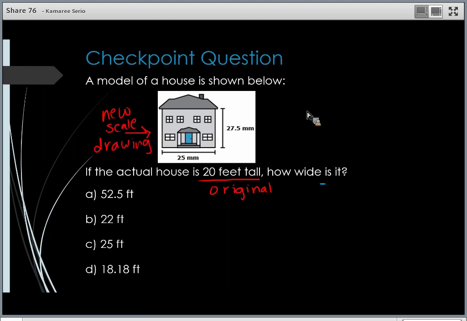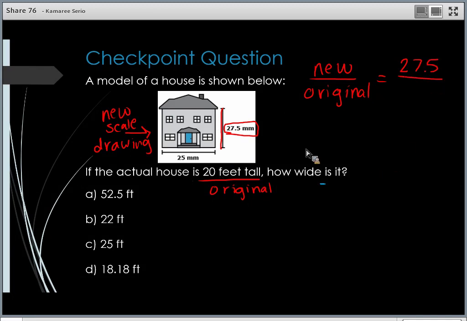So when I think back to how I find my scale factor, I put new over original. And if it tells me that the house is 20 feet tall, right, tall is height, which means I'm looking at this number here to make my scale factor, because this is how tall the house is. So my new height is 27.5.